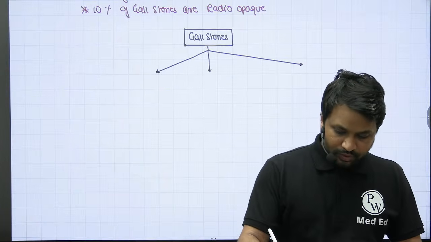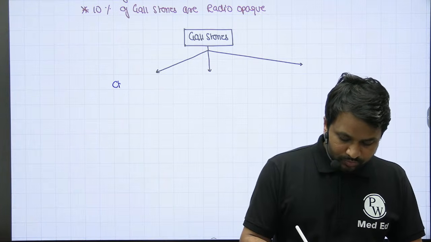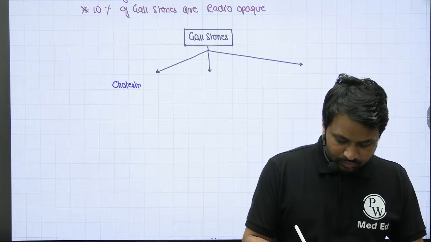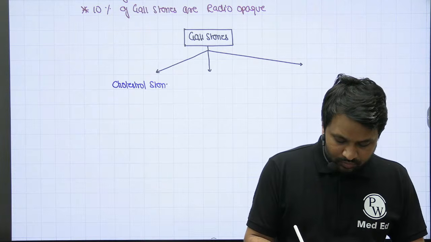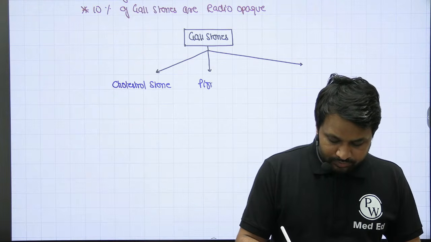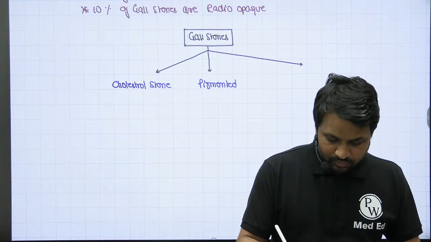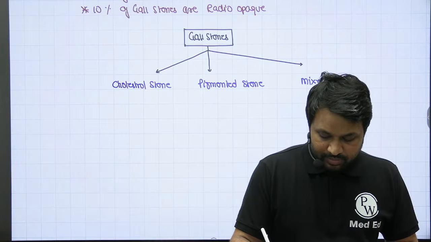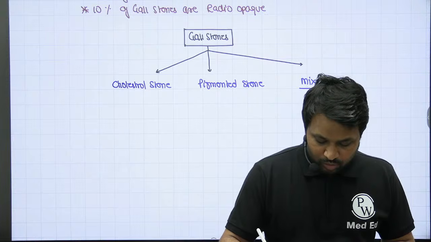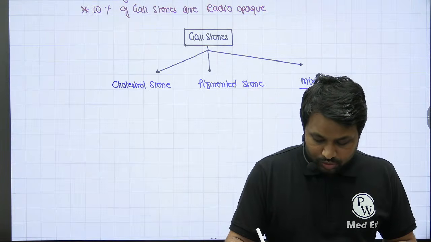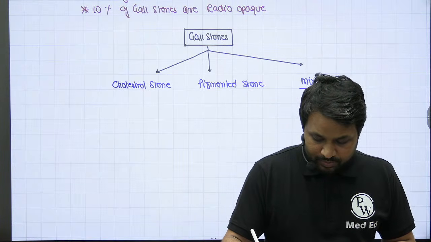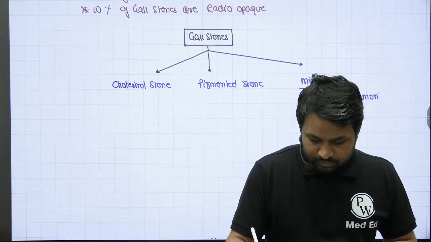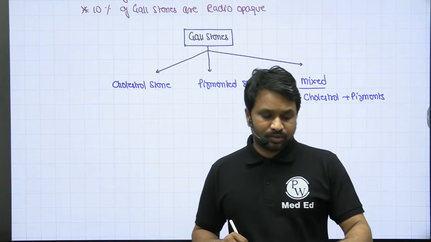We have the cholesterol stones, the pigmented stones, and then we have a mixed variety. So when I say mixed, it's a combination of both cholesterol as well as pigments.